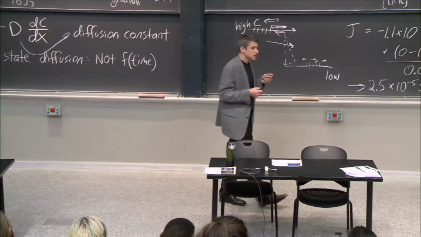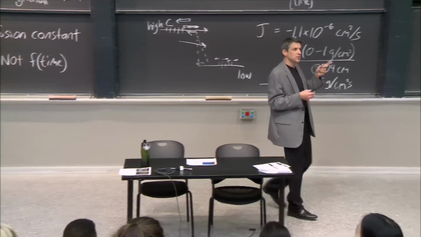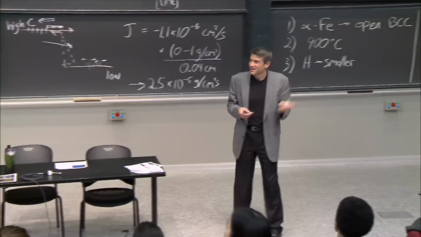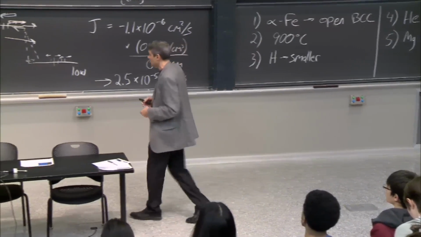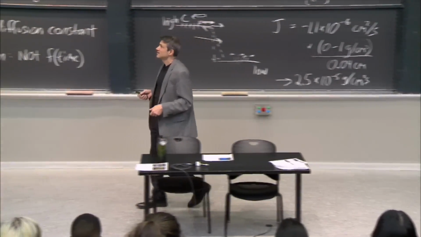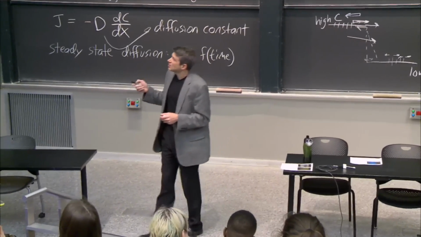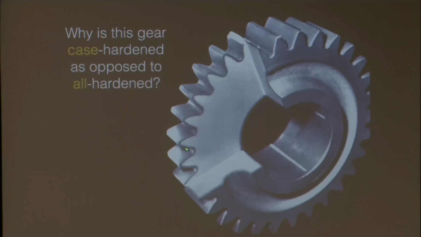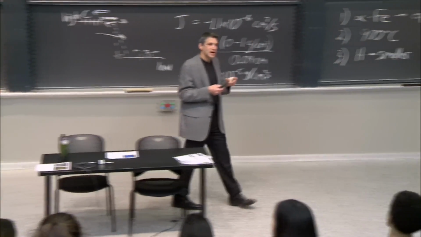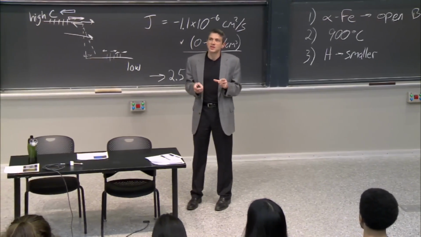Right? So if you buy a gear, and you do buy gears all the time, whether you like it or not or know it or not, lots of stuff has gears in it, right? And if you look at the gear closely, it would look different on the outside. If you do a cross section, most gears are going to look different on the outside. And the reason has to do with exactly what we just talked about.